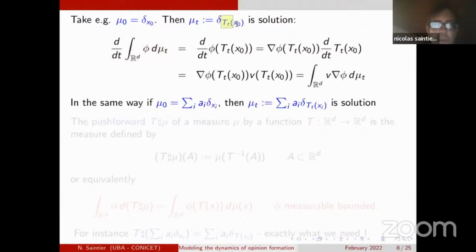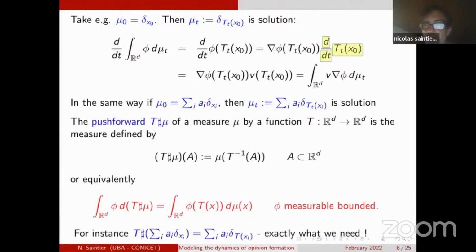Since I'm looking at the Dirac mass located at this point T sub t of x naught, this integral here is just phi at that point. Okay, easy. So I take the derivative. I remember that T sub t of x naught is the trajectory of V, so this means that this derivative here is exactly V.